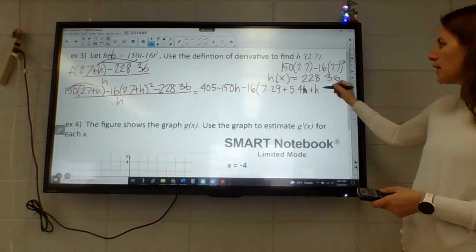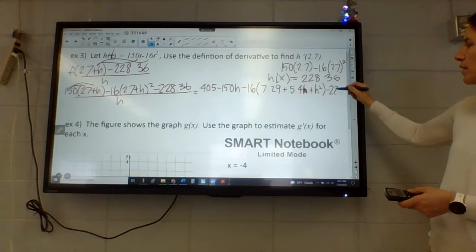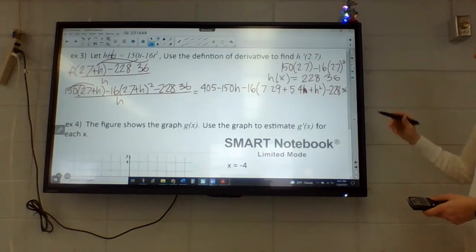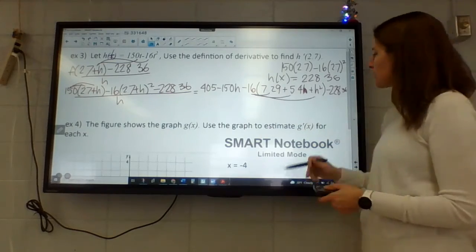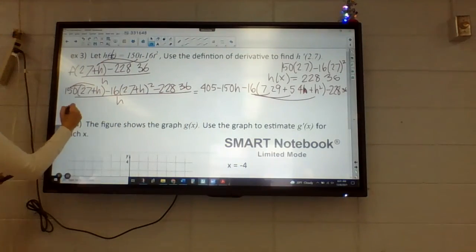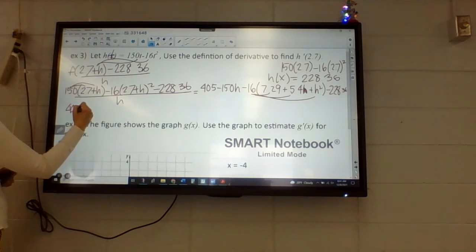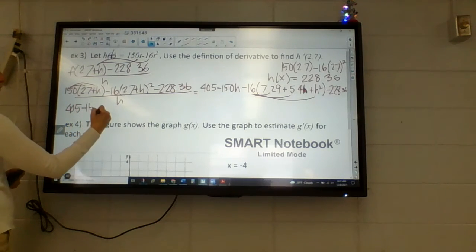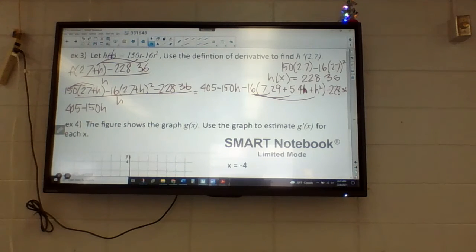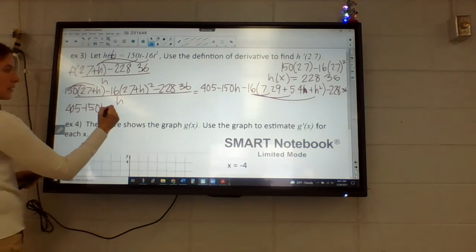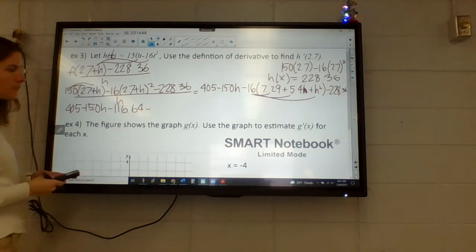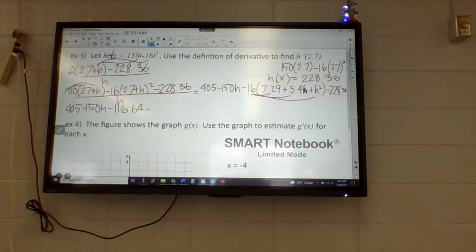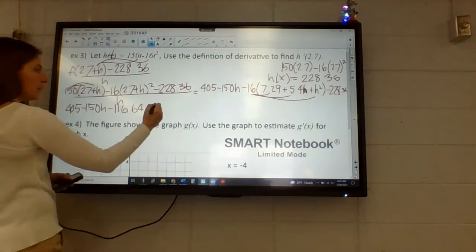And then plus h squared minus is 228.36. And this again is all over h. I'll put that back in there in a second. So 16 times 7.29. Times 5.4.